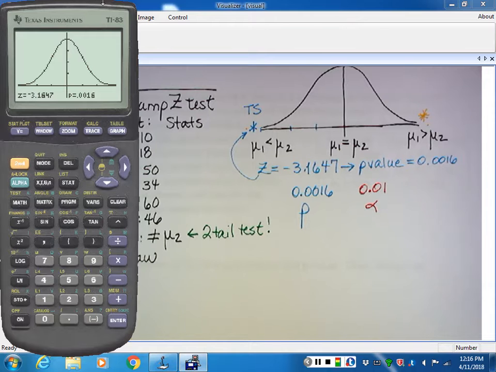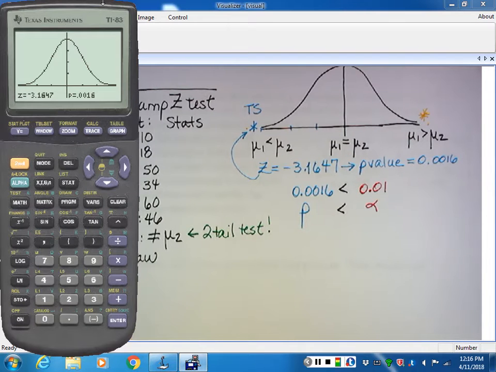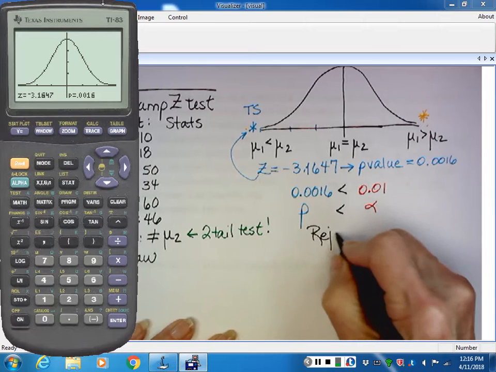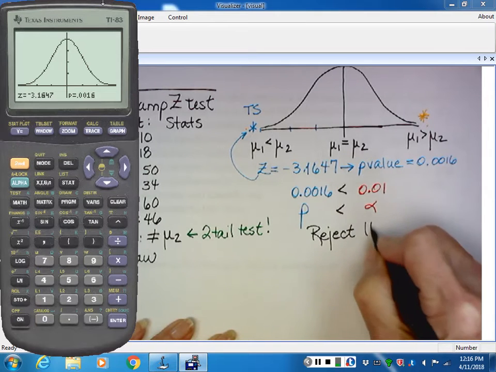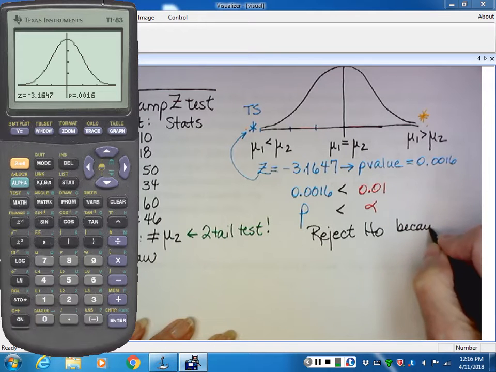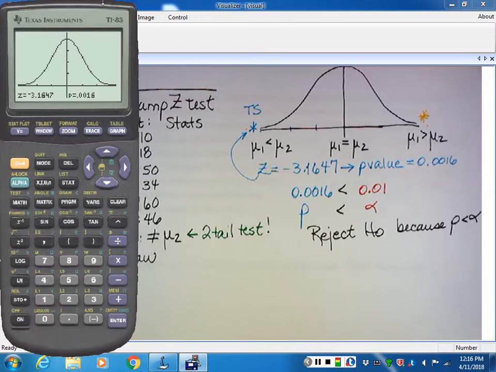is p less than alpha? Yes. And what do you do if p is less than alpha? You reject H0. And if you reject H0, what does that mean about the claim?